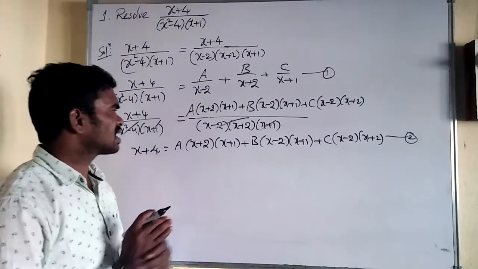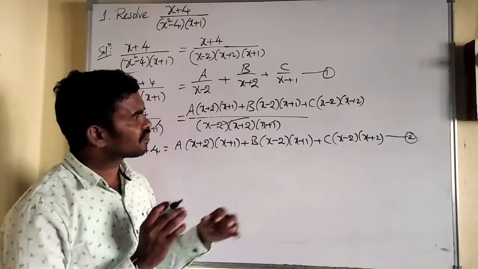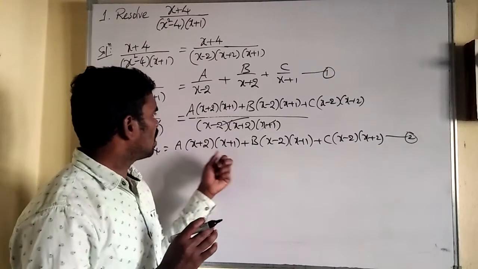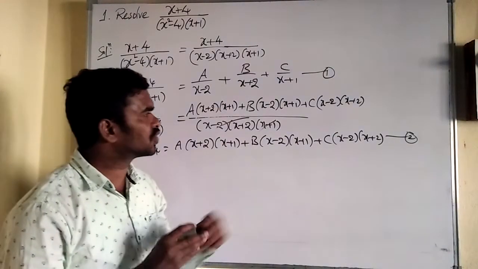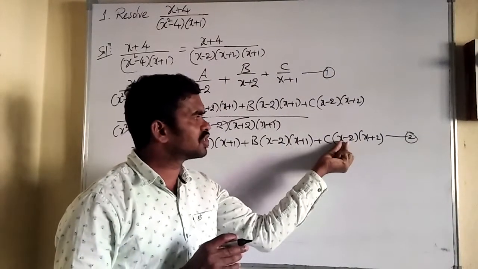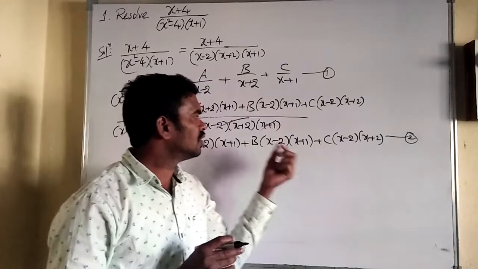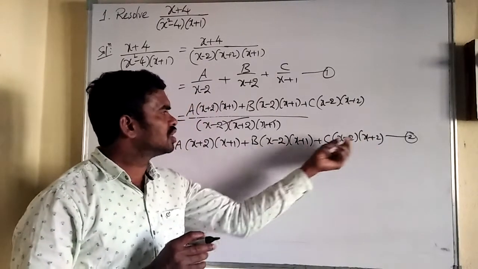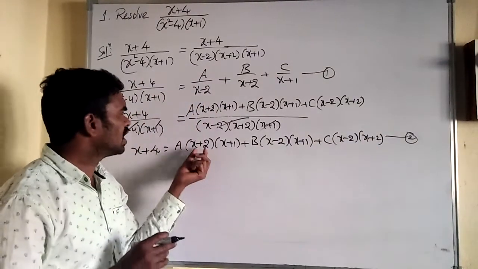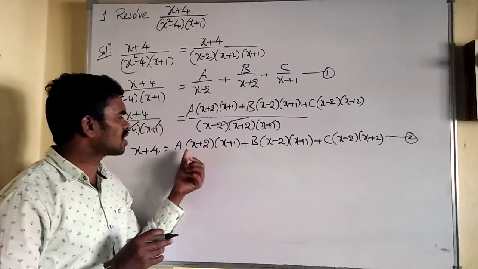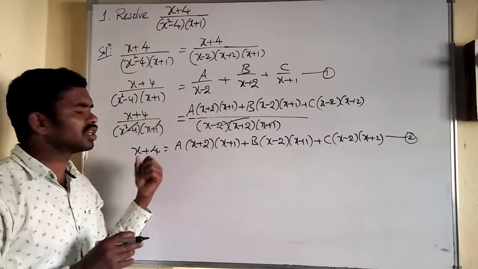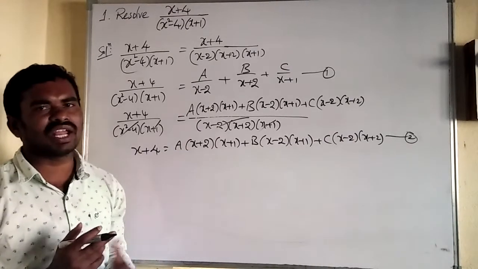See, if you take some x value, for example, if I take x value 2, then 2 − 2 becomes 0, 0 into something is 0, and 2 − 2 is 0, so this becomes 0, this becomes 0. Here, x value 2: 2 + 2 is 4, 2 + 1 is 3. So 3 into something, A into something, we get. So we can find A value.